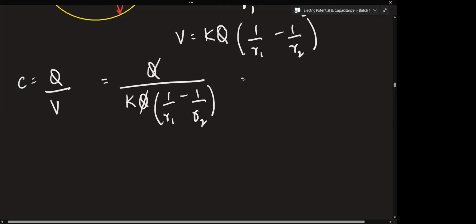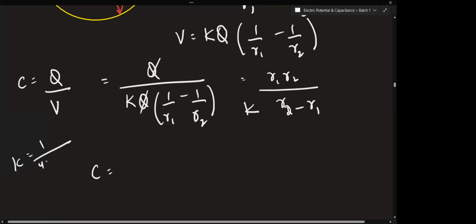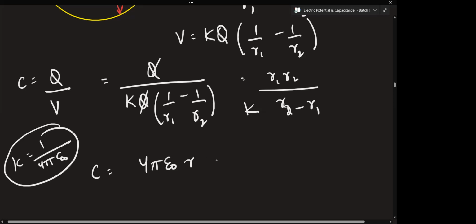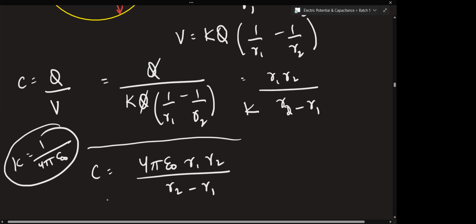If we solve the denominators, R1 R2 gets multiplied, divided by R2 minus R1, and K is left. See, final: K is equal to 1 over 4 pi epsilon naught. This is the value of the constant. So this can be written as 4 pi epsilon naught R1 R2 divided by R2 minus R1. This is the formula of capacitance for a spherical capacitor.